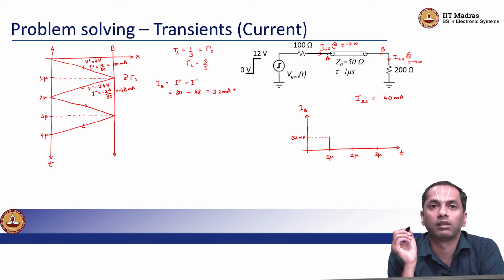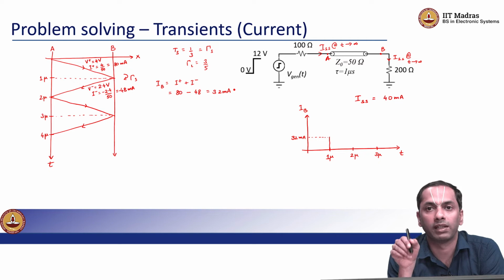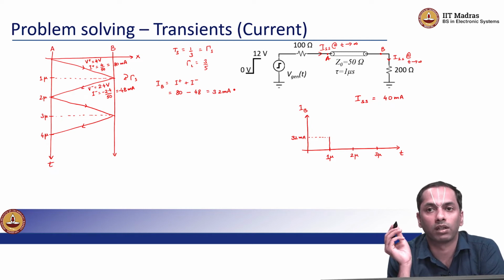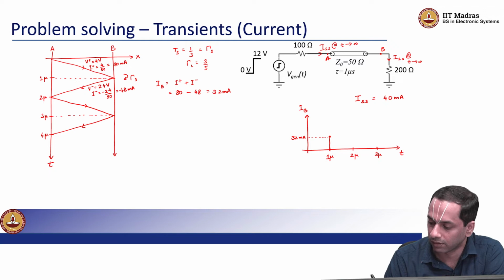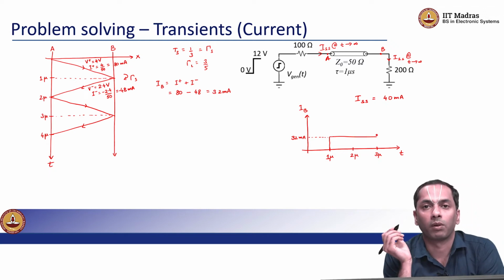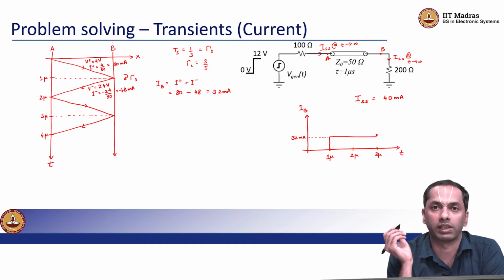Okay, so even though 80 milliamps of current was flowing through the transmission line, the reflection robs off 48 milliamps, if you want to think of it that way, allowing only about 32 milliamps starting to flow through the 200 ohm load starting from 1 microsecond, and this would last for another 2 microseconds, right? So I would expect this 32 milliamps to flow from 1 microsecond to 3 microseconds, right?